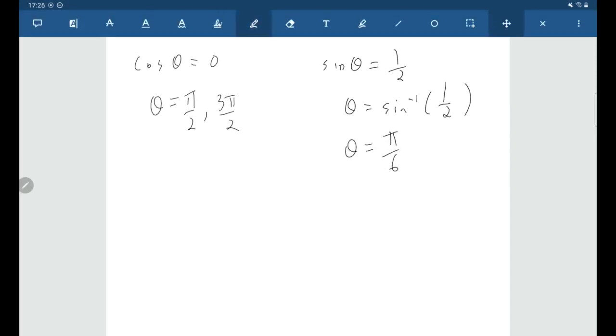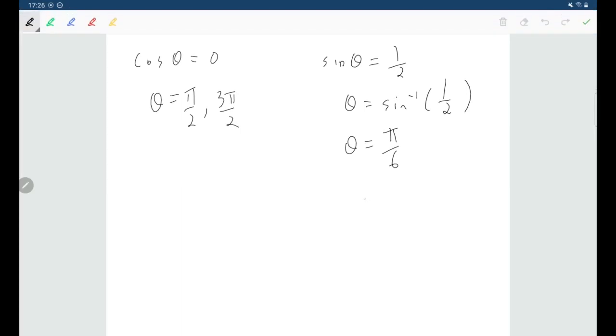But of course, remember that there's not just the one answer that sine inverse gives you, there's going to be another one as well. Because if sine is equal to a half at pi over 6, there's another quadrant where sine is also positive and would also be equal to a half, and that would be in quadrant 2, with the same reference angle of pi over 6.